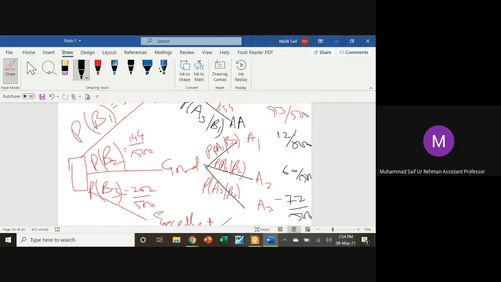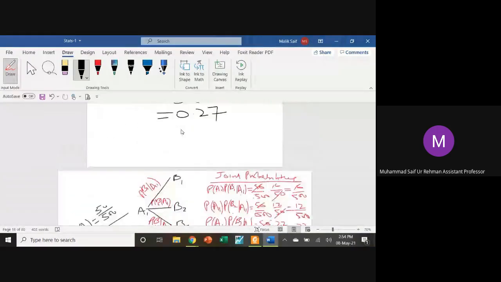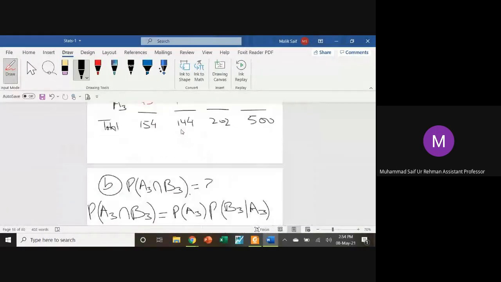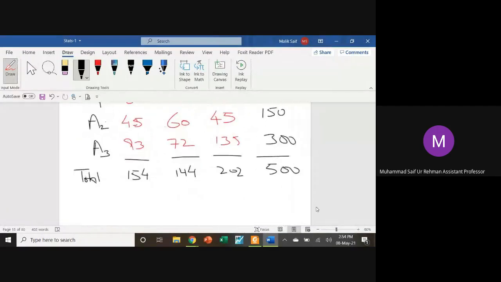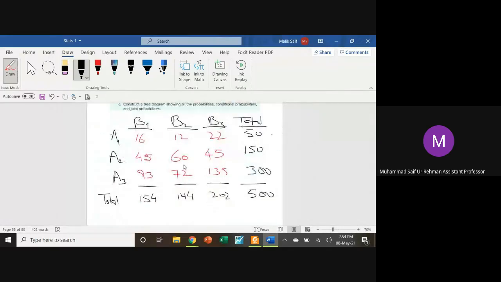And finally, A1 and B3. Fine. So 22 will be there, and B3 is 202 total.